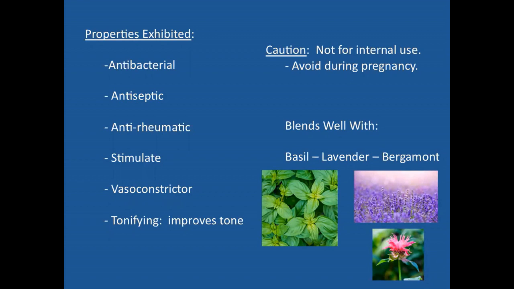As opposed to vasodilation, this can be a vasoconstrictor, so it could be helpful for wound abatement, potentially. And then tonifying, or improving the tone or density of tissue. That vasoconstrictor, astringent type of effect can tighten tissue, and that would be tonifying.